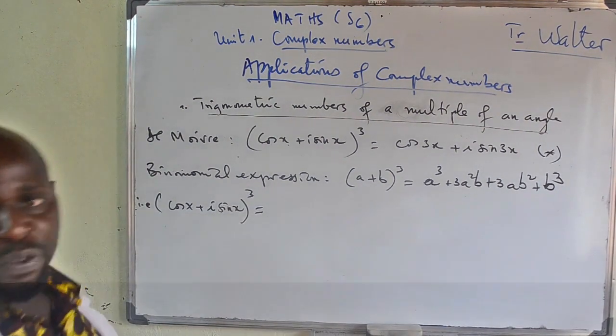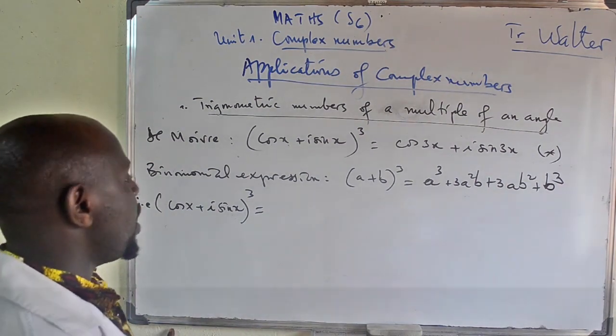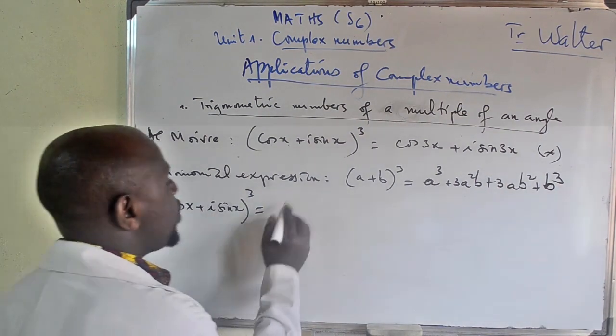I invite everyone to follow because this is kind of long, but we shall understand. So this is equal to what? It's cos x, which is like a.